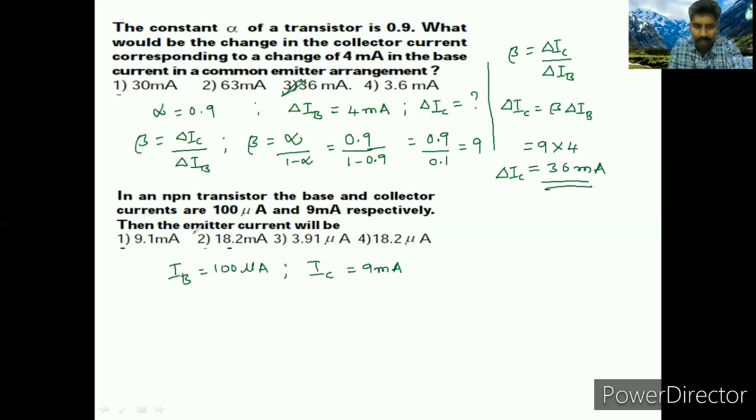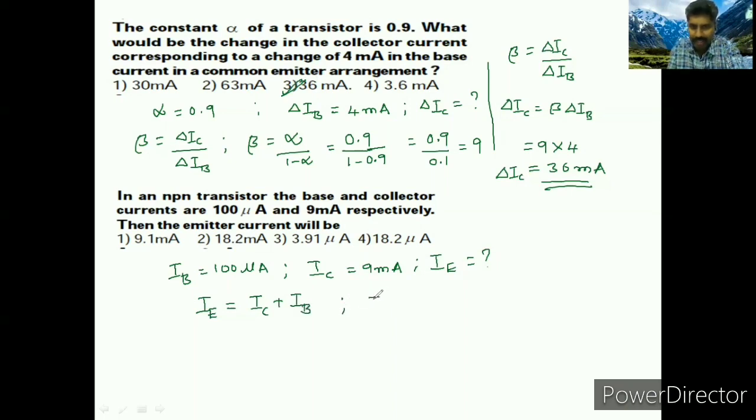Then they are asking for the emitter current. We know the relation between emitter current, collector current and base current: IE is equal to IC plus IB.